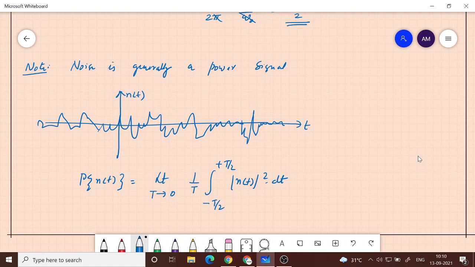Now some books may have a slightly different formula, but they are essentially the same. You will have 2t here, and then a minus t here, plus t here. They are the same thing. There is absolutely no difference.